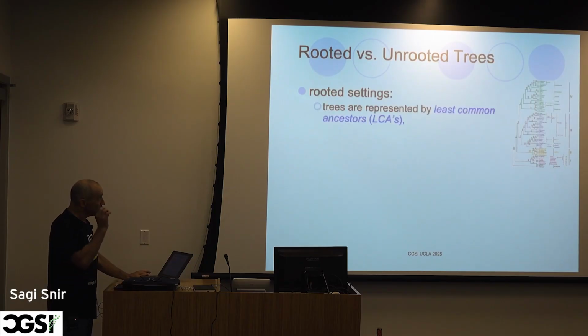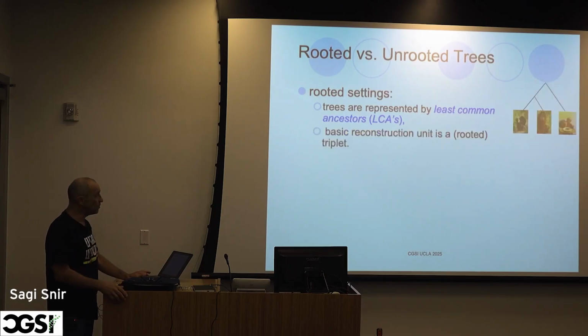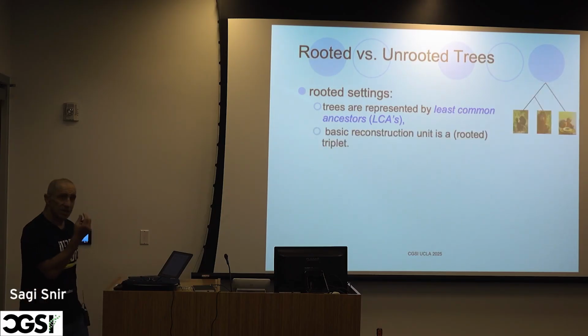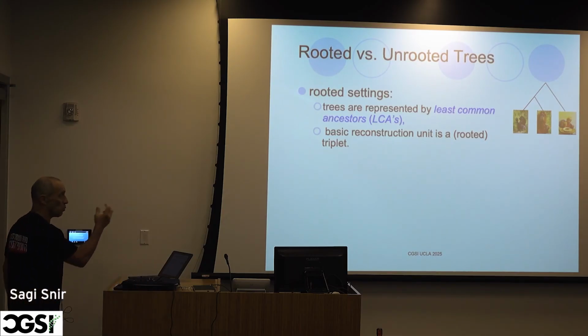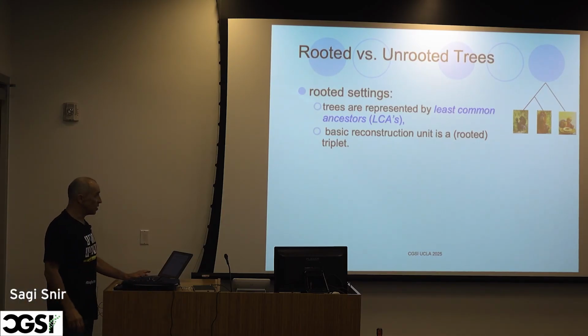The mathematical definition for trees here is the least common ancestor. So we have the ancestry relationship, and the most basic information is a rooted triplet. We will see very soon what the signal is here.